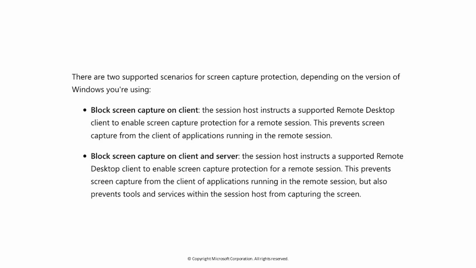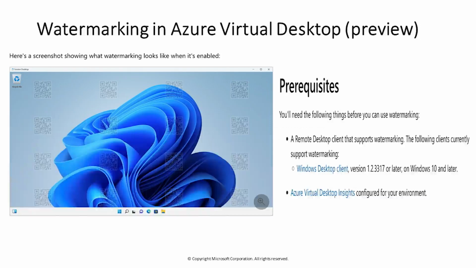So at times it might be a situation for the organization to implement such features as well. We actually use a combination of them, and screen capture protection is one of the areas. Other than that, we can also use a functionality which is in preview at the moment, which is watermarking.